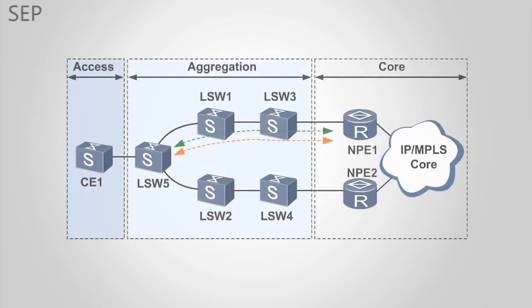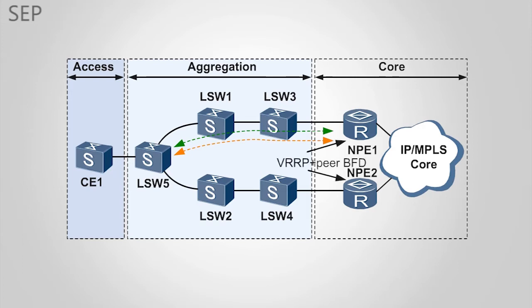As shown in this figure, CE1 accesses the NPE through switches. A VRRP backup group is deployed on the NPE. Initially, NPE1 is in the master state and NPE2 is in the backup state. If a node or the link between NPE1 and LSW5 fails, NPE1 changes from master to backup state and NPE2 changes from backup to master.